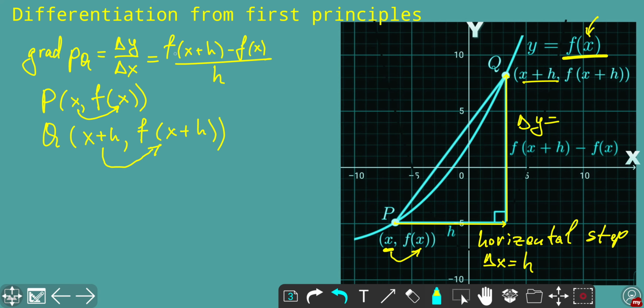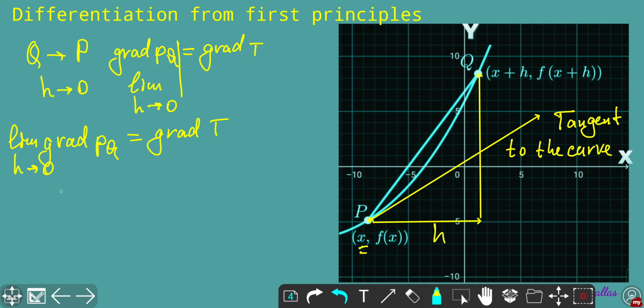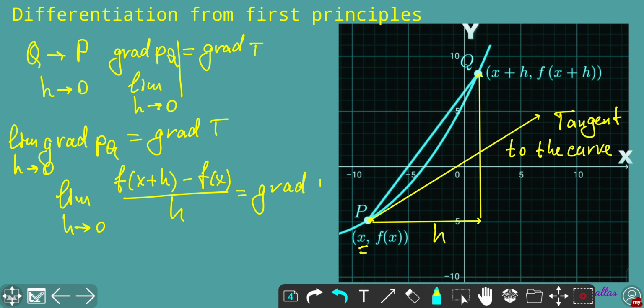So gradient PQ represents the change, right, in the function, basically this change delta y over h. So in this case we can apply this limit when h is very close to 0 to the expression of the gradient, which is simply f(x plus h) minus f(x) over h. And only in this case we'll get the gradient of the tangent.